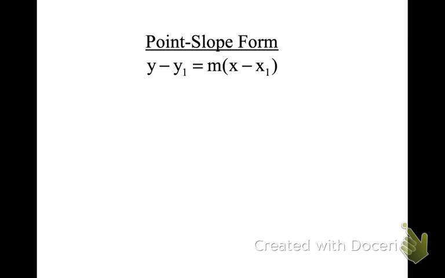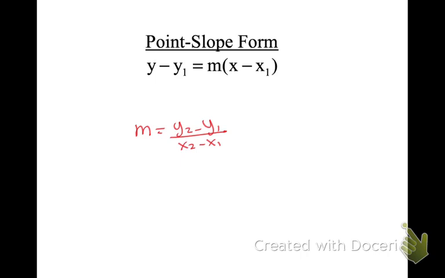Okay, so let's talk about where this point-slope formula comes from. Let's start with our slope formula. Don't write this right now, just listen. So if I have m equals y2 minus y1 all over x2 minus x1, let's try and get the y's alone.